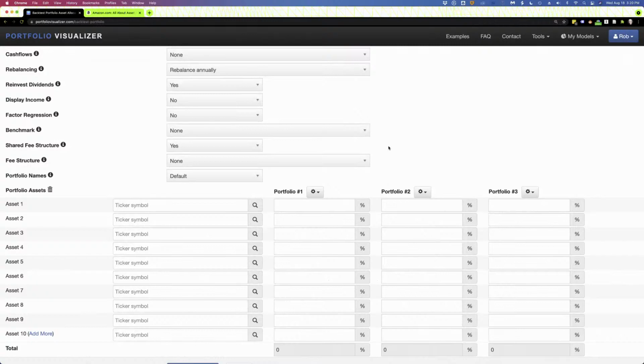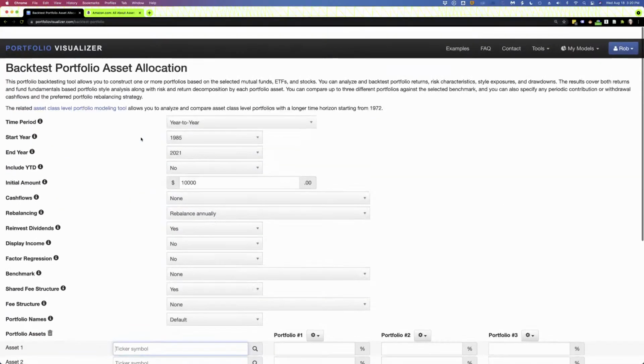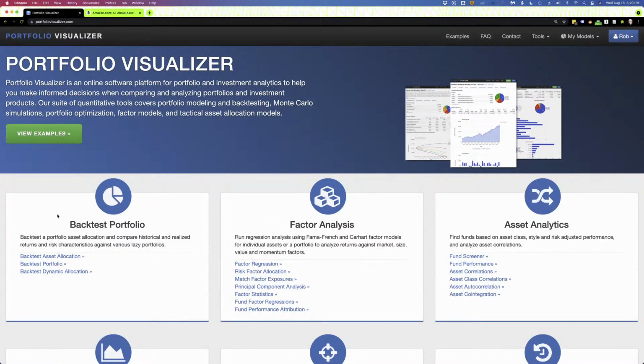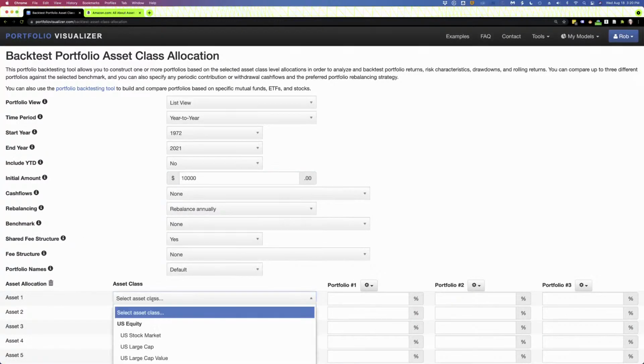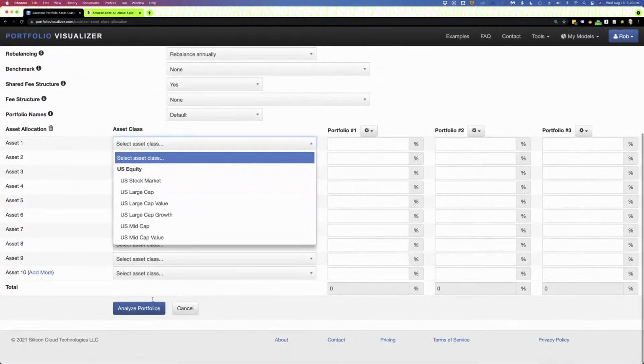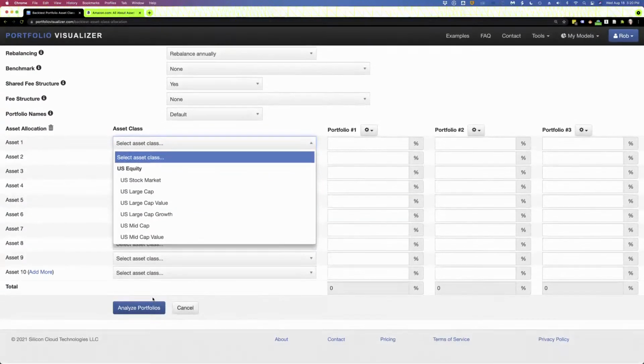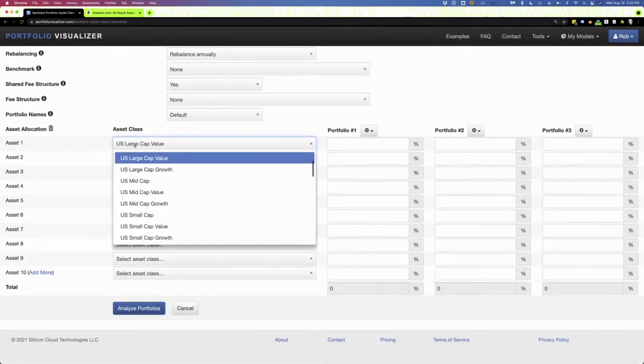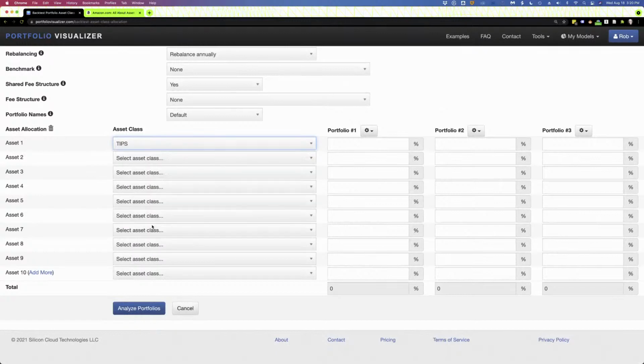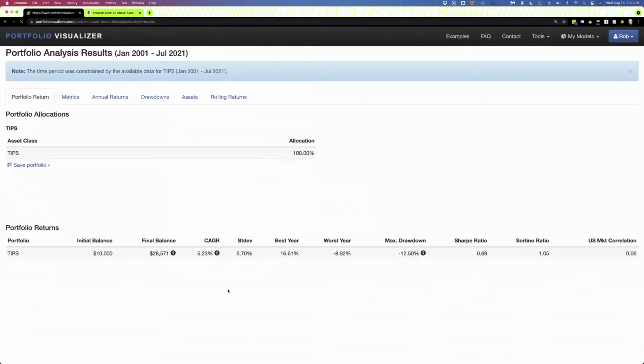The other thing you can do is, for some asset classes Portfolio Visualizer has limited data. So we looked at, let's go to asset allocation. We looked at TIPS. And it was limited to 2001, right? Let's just use this as an example.